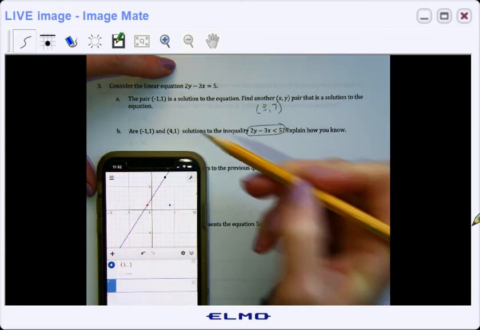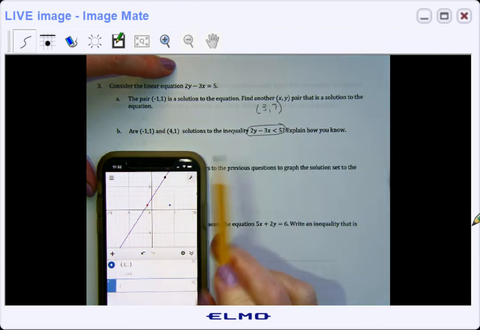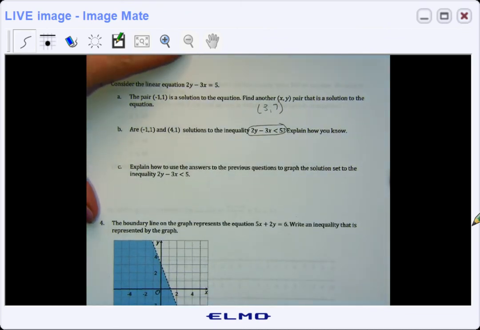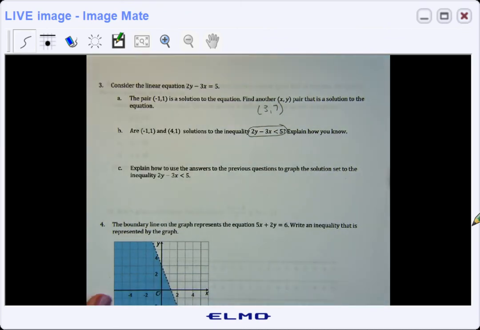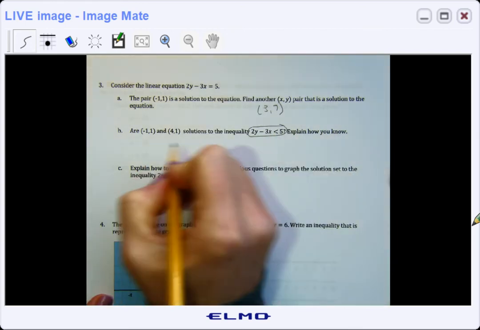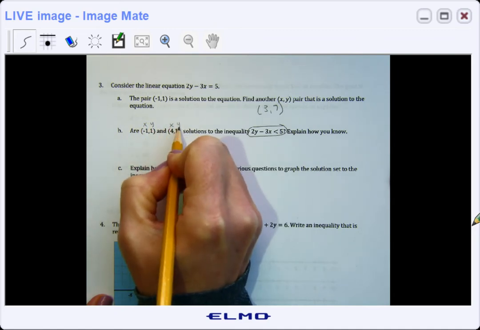Okay, so negative 1, 1 is on the line. It's equal, and then 4, 1. We have to do some math to figure it out. You can't always just assume that if it's under the point that it's a solution, or under the line. So we're going to plug in. So remember, this is x, this is y, this is x, this is y.